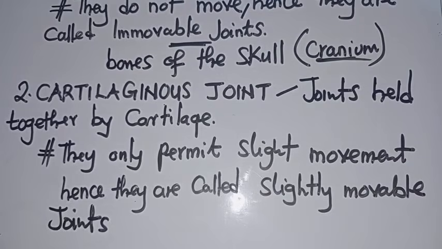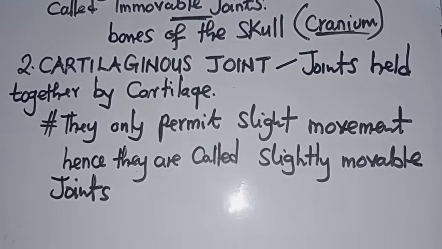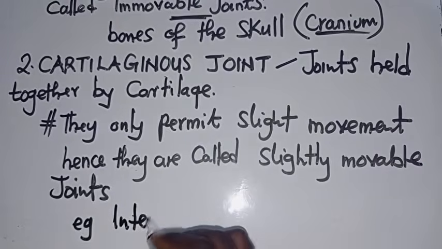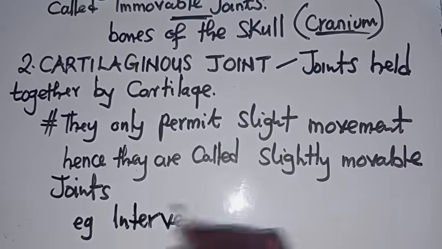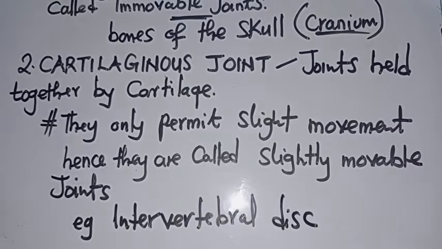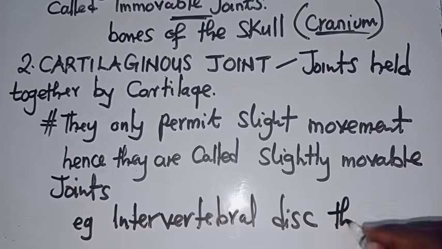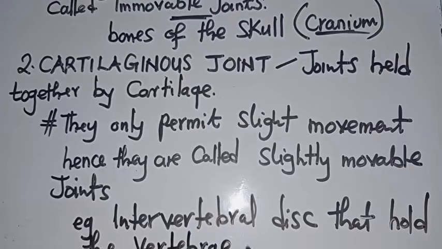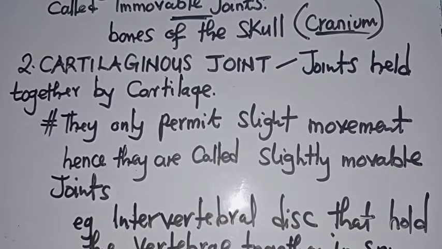For example, when we consider the intervertebral disc, that part that gets to hold the vertebrae together in the spine, or in the column.